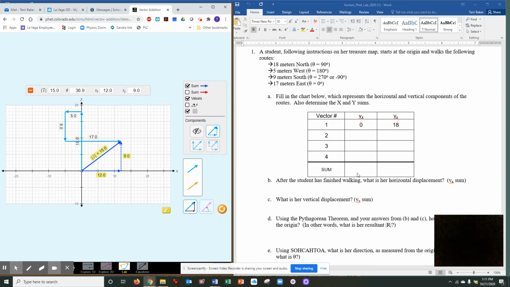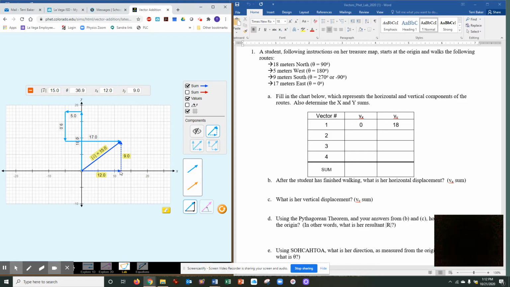Your x component was 12. We did it correctly. Your y component was 9 when you added them. Sure enough, when you drop the imaginary legs from this resultant, or this vector, you get 9.